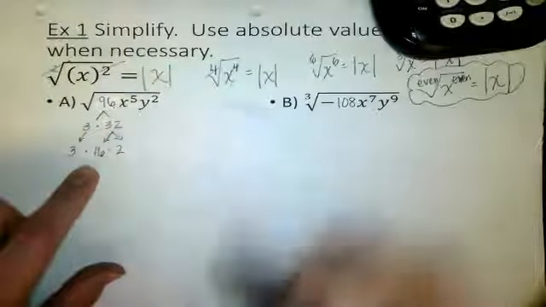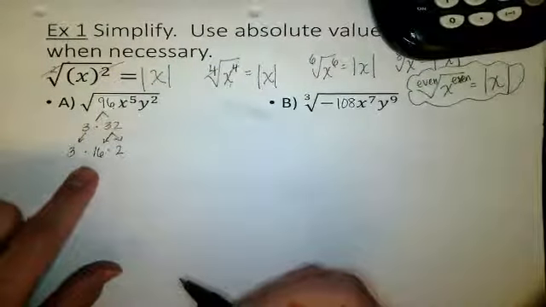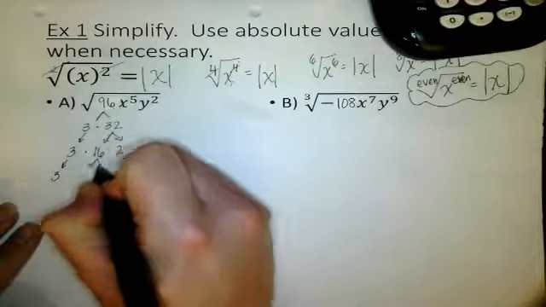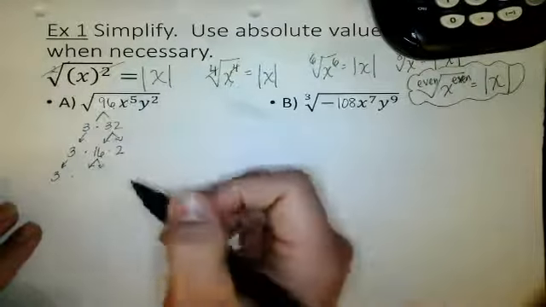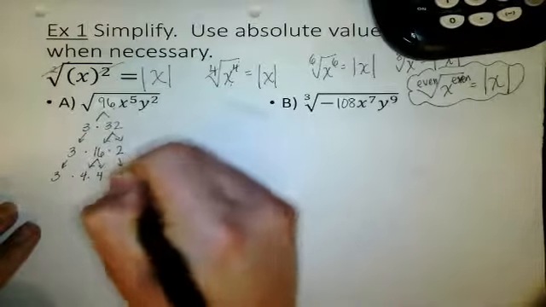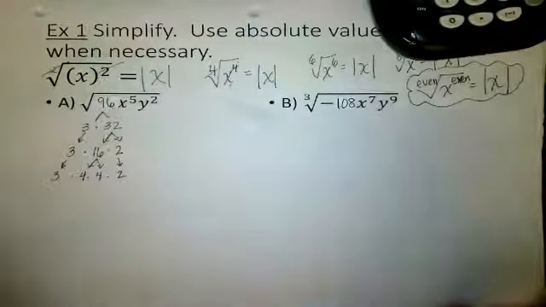All right. Are we done? No, 16 goes further, right? What is 16? 4 times 4. Okay, 4 times 4. All right, are we done yet or do we still have to go further? Still got to go further, right?